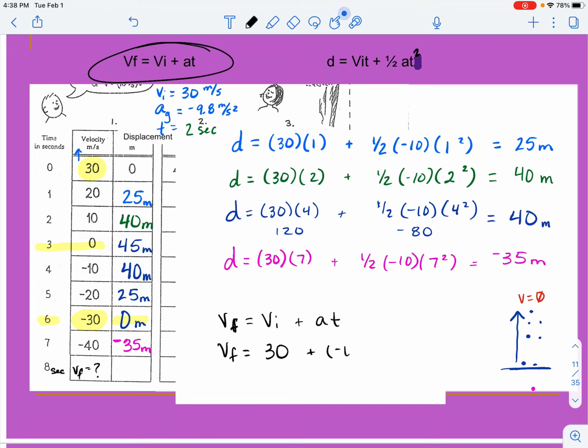We'll go ahead and stick with a negative 10 just so that we continue to get pretty numbers right now. And we are at a time of 8 seconds. So when I plug all of this information into my calculator, it sure enough gives me a velocity value of a negative 50 meters per second. And if I look at the data table, that is what that next value should be. So this is how I want you to go about handling these types of questions.